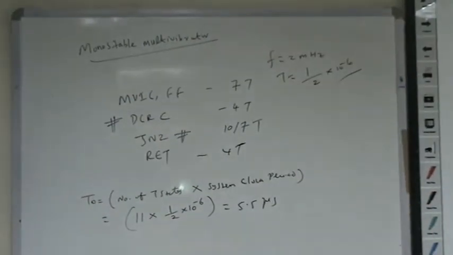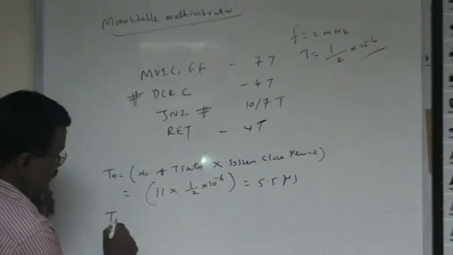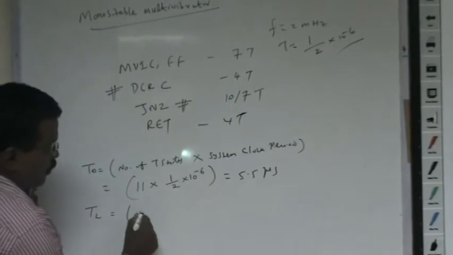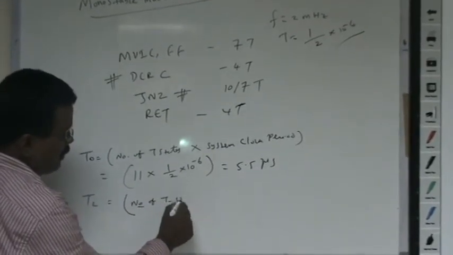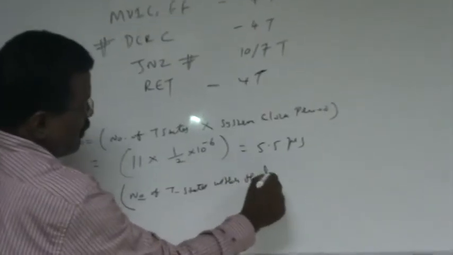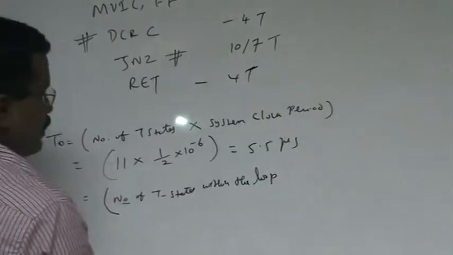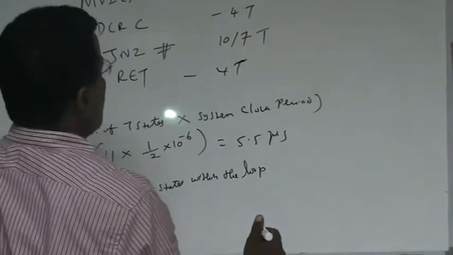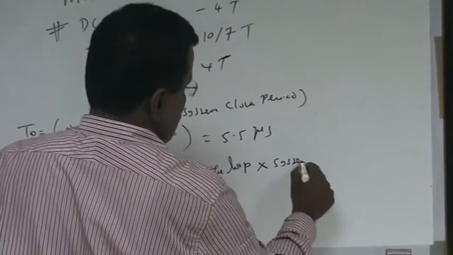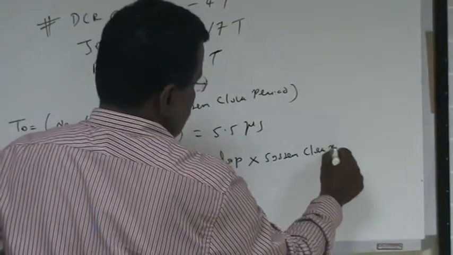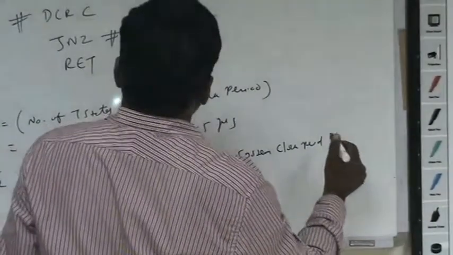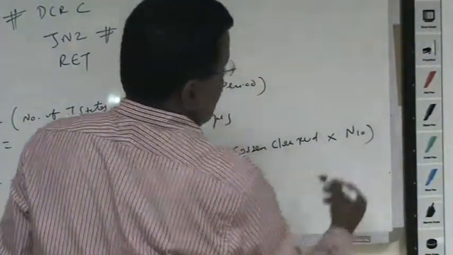Okay. Now if you calculate TL the same way: the number of T states within the loop, multiplied by the system clock period, multiplied by N10.